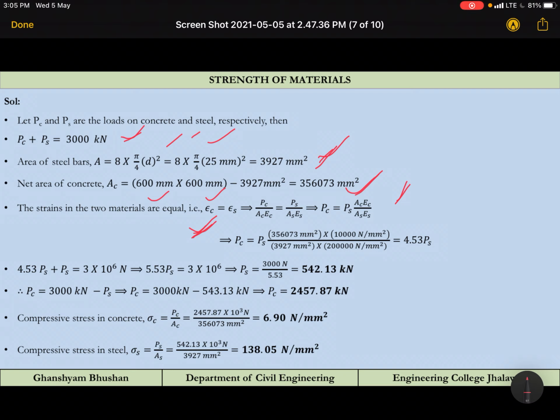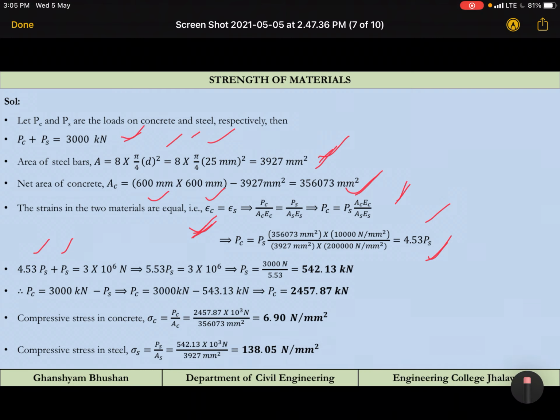So it comes out to be 4.53 times PS. So the steel is taking less load than concrete. You can see this because we are multiplying by a bigger constant to get the value equal to PC. Now put the values here: 4.5 PS plus PS is equal to the total load, 3000 kilonewton. It is correct only.